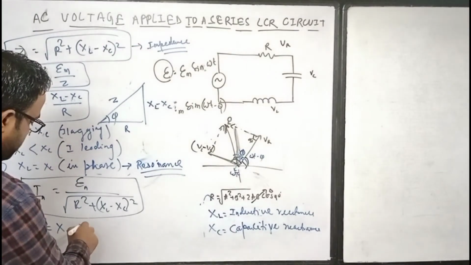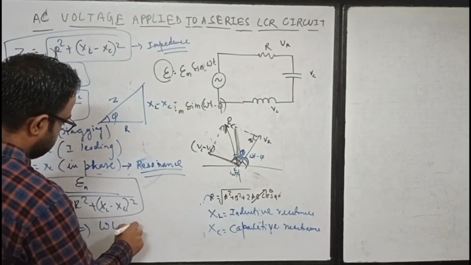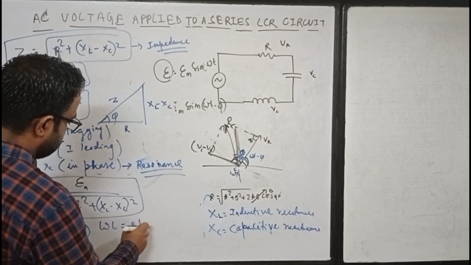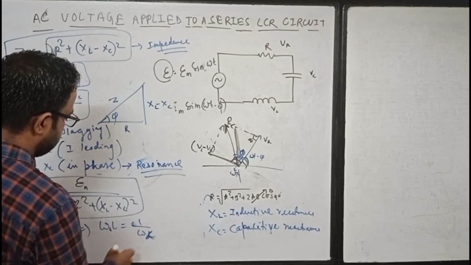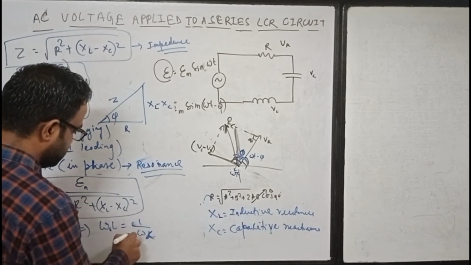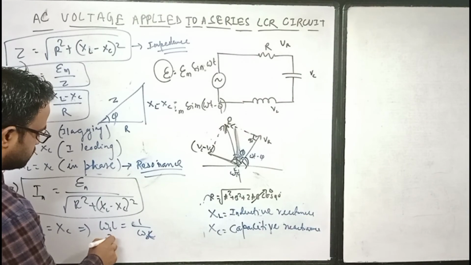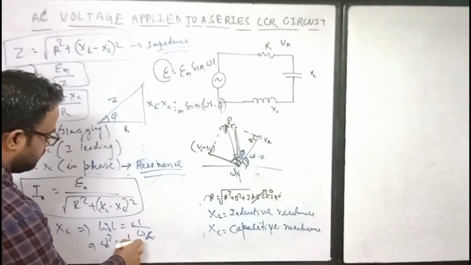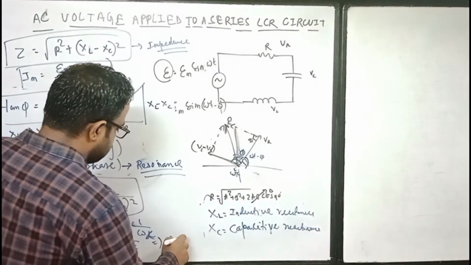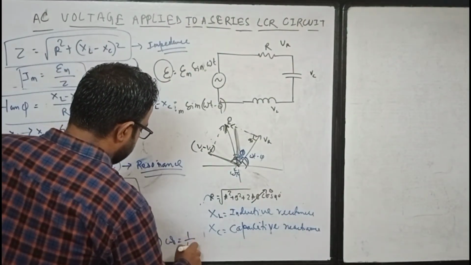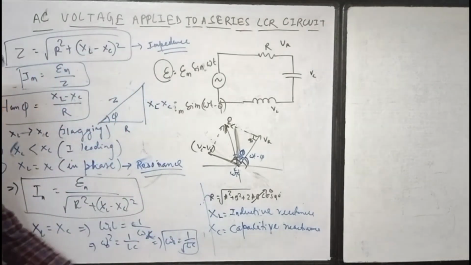XL is omega L, and XC equals 1 upon omega C. Let's say this is the natural frequency, omega 0. You can cross multiply: omega 0 square equals 1 upon LC, or omega 0 is 1 upon root LC. Very important relationship for your exam, right?